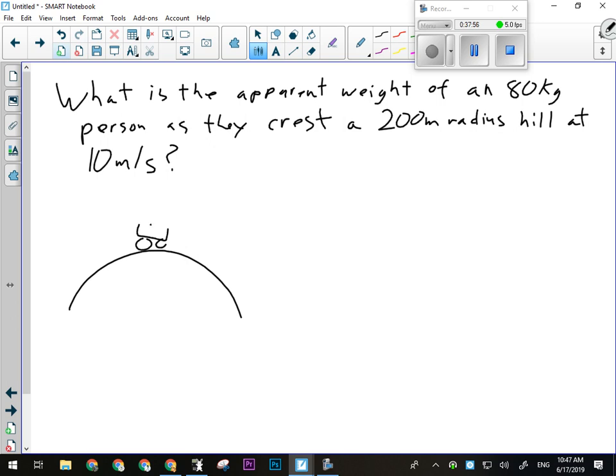Okay, so the situation we have is that we have Fn, probably, and we have Fg. Force in, force out. So Fc will equal Fg minus Fn, and I'm looking for their apparent weight. So I'm looking for Fn.